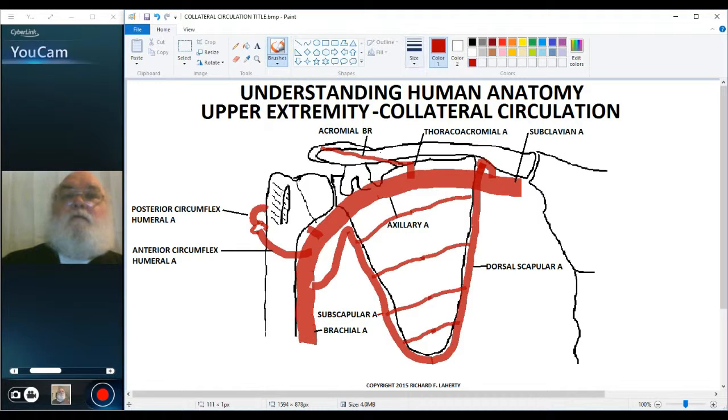remember that the posterior circumflex humeral has an ascending branch that comes up to the acromial region.